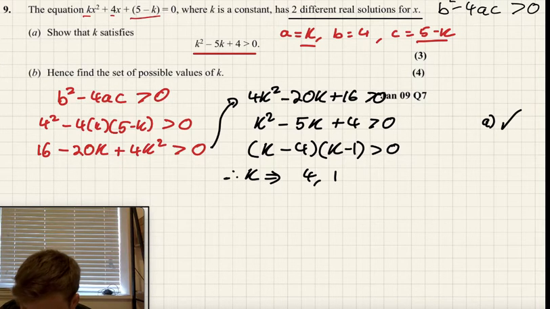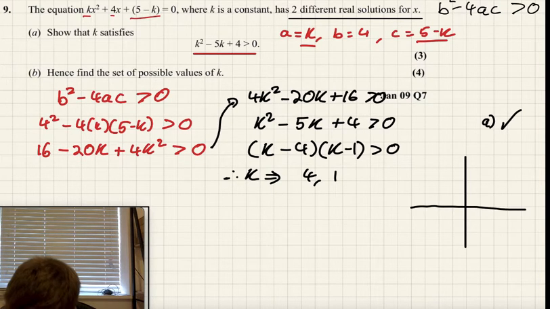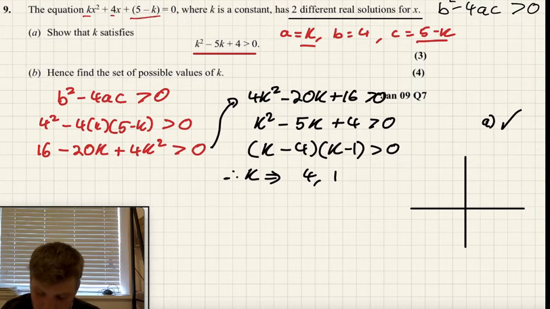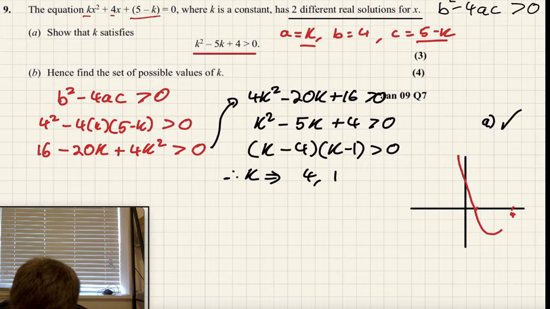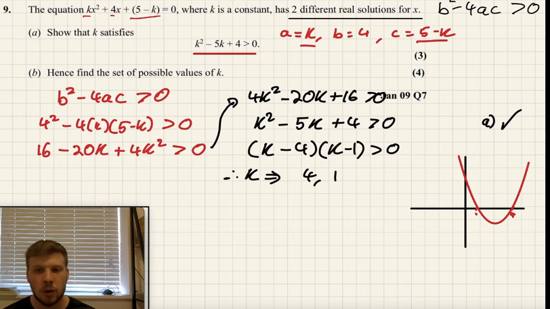So to do this, I'm going to plot it and think about which parts I actually need. So I know it goes through 1 and 4. Let me just mark those on. And I'm going to draw this quadratic, draw the parabola, and think about the regions which I need. I'm not too worried about anything else, as long as it goes through those points.